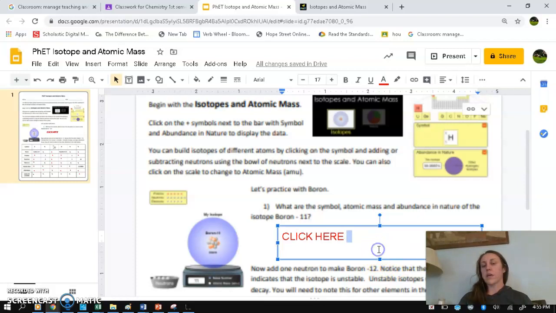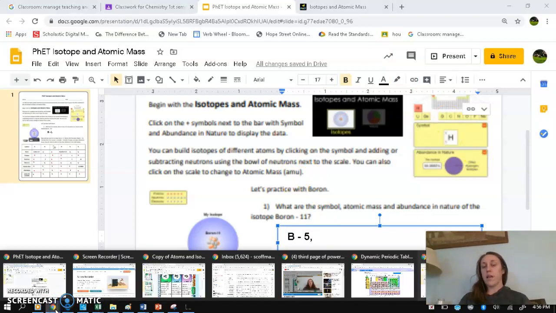B. Atomic mass would be 5. And abundance in nature, so I have to go look at that.